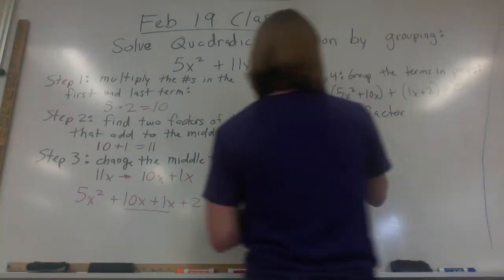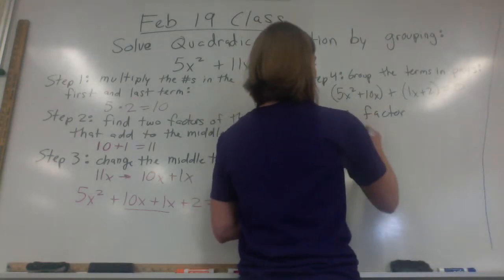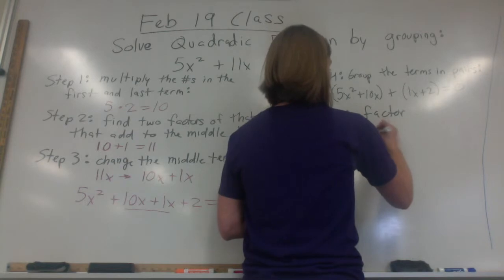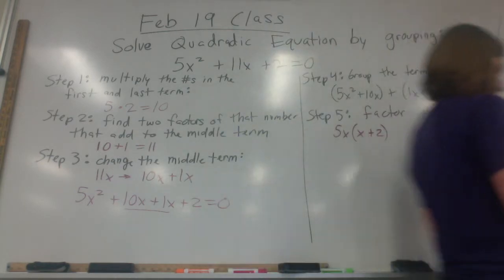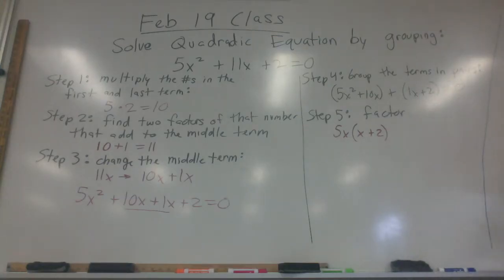So I'm going to have 5x and x plus 2. And then I also need to do this one. Now this one there actually really isn't anything there. So I can just think of it as x plus 2.